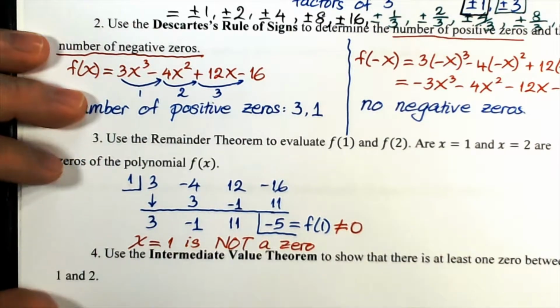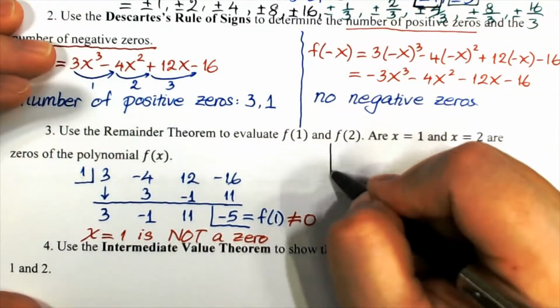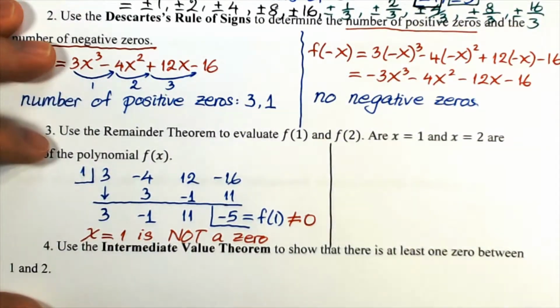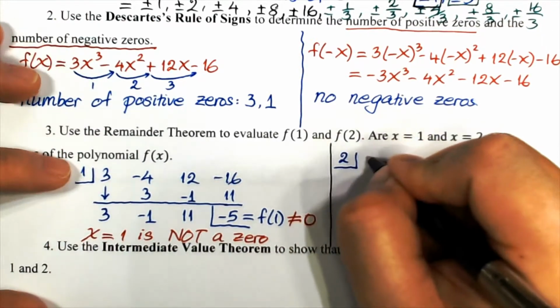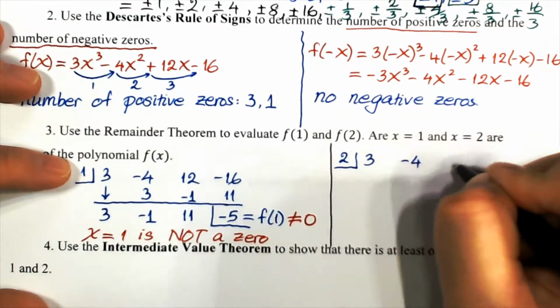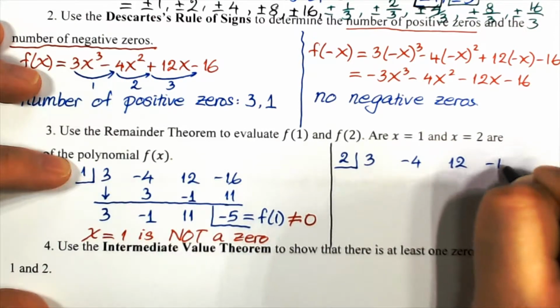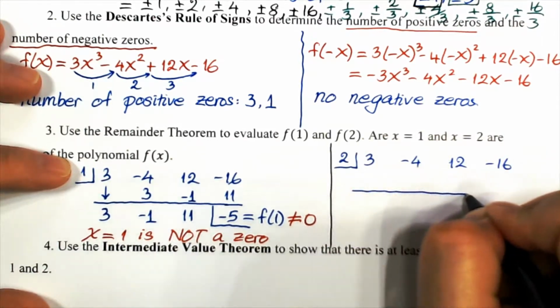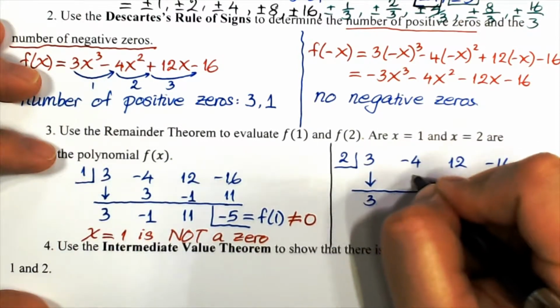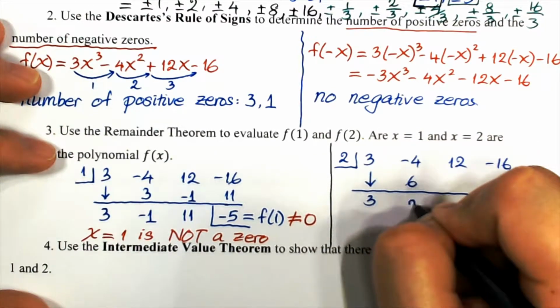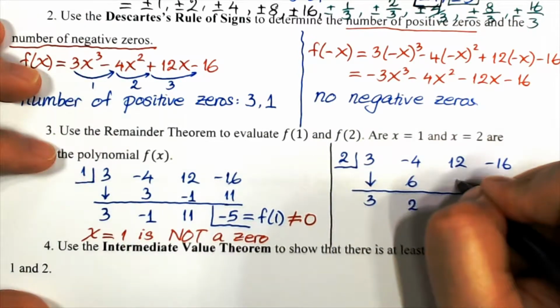We'll do the same thing for 2. Coefficients 3, negative 4, 12, and negative 16. Carry down 3. 2 times 3 is 6. Add will be 2. 2 times 2 is 4.